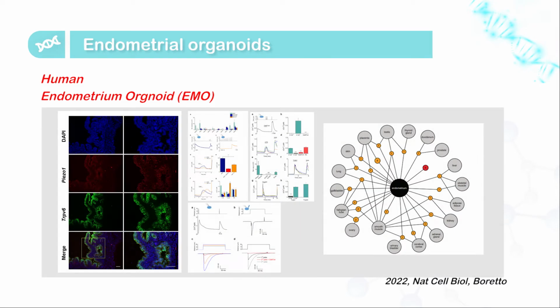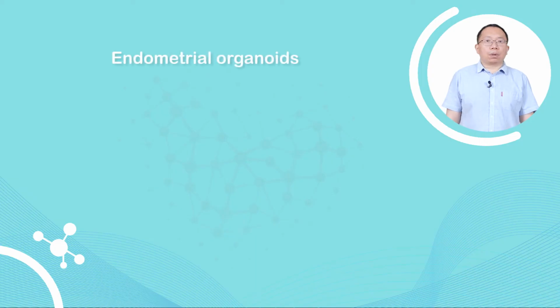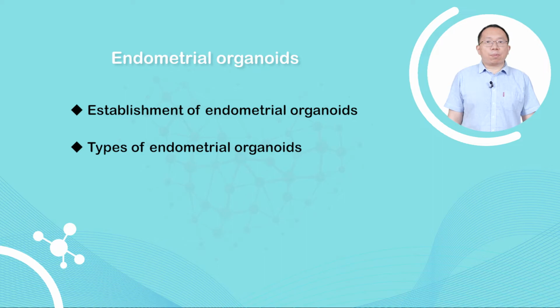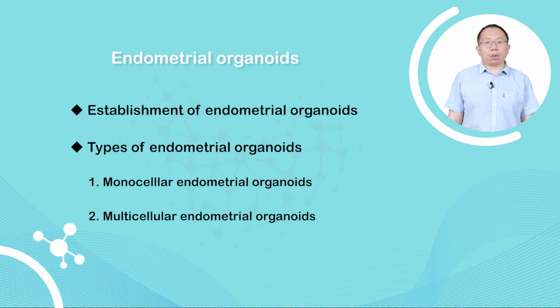Recent studies confirmed that the human EMOs indeed highly mimic the mechanically sensitive channels in the endometrial epithelium cells, including the piezo-1 channel. To summarize, types of endometrial organoids include monocellular endometrial organoids and multicellular endometrial organoids.